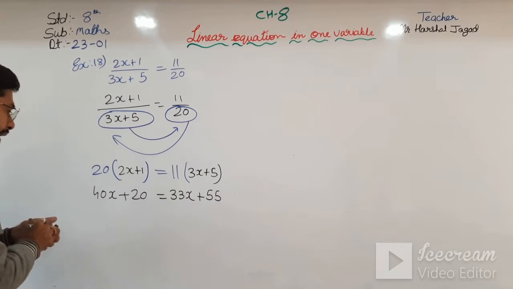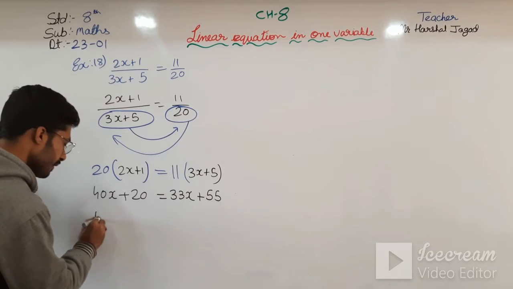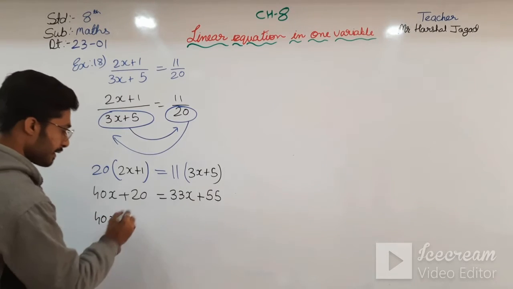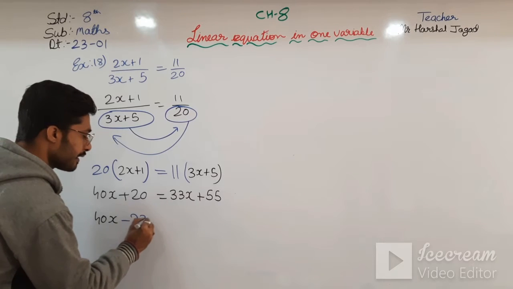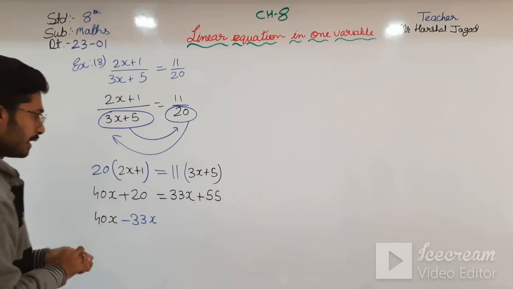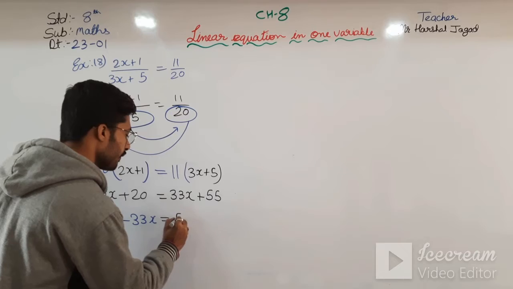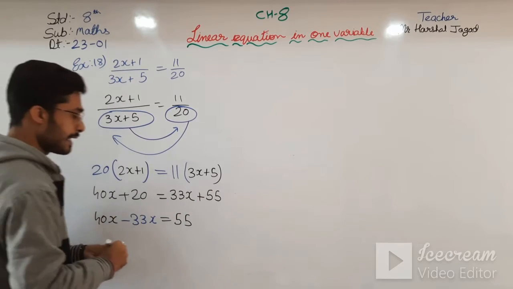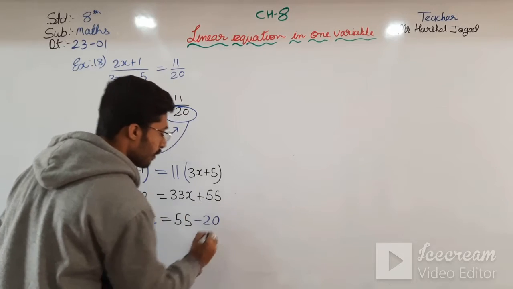So here I am writing 40x, and the term that comes from that side, minus 33x, is equal to 55, and this plus 20 comes towards that side as minus 20.